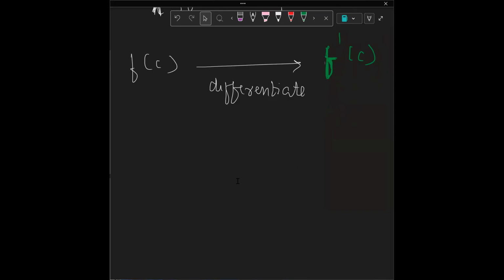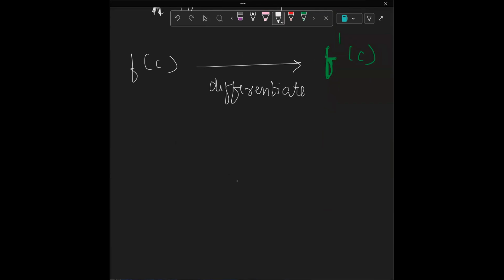Cos x. Ali, Anas, क्या होता है differentiation of sin x? Cos x, sir. Cos x.